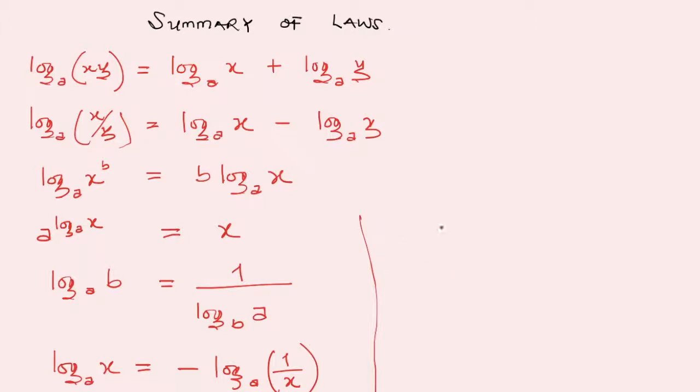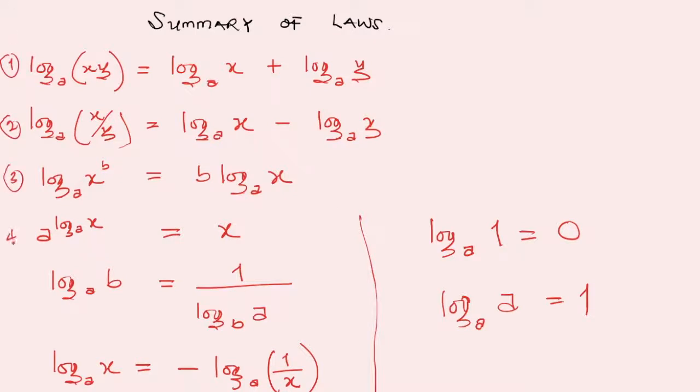And for the final two, we have that log to any base of 1 is equal to 0, and log to the base a of a is equal to 1. So we have 1, 2, 3, 4, 5. We have about 8 laws, most of which are not really too complex to master, and if you can actually master these, logarithms would help a lot in solving logarithm problems.